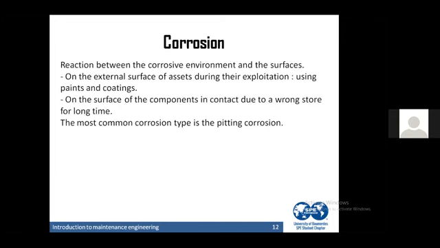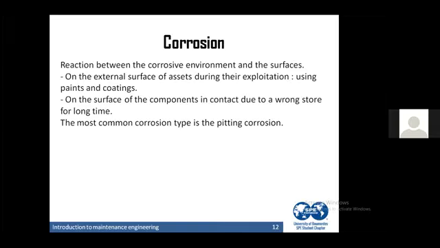For the corrosion. The corrosion is the reaction between the corrosive environment and the surface. Generally, during our work, we can have two types of corrosion. First is external surface corrosion. I mean, the external surface of our assets.